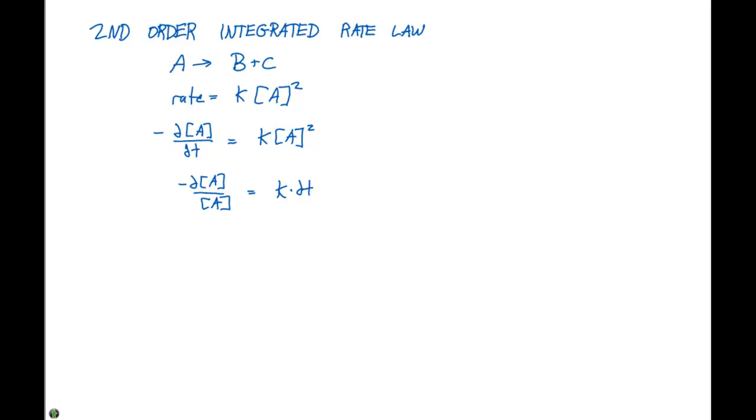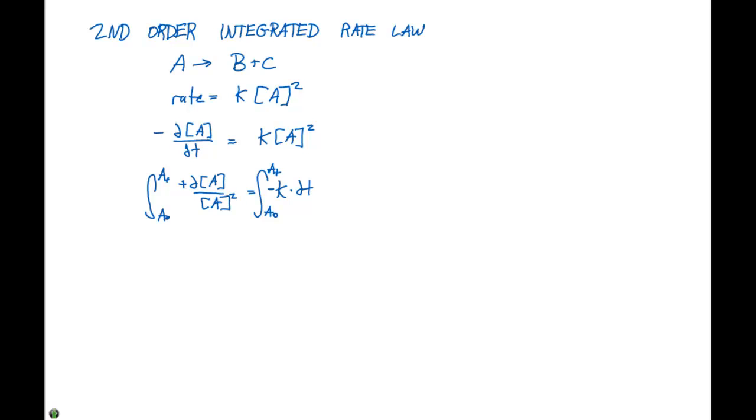If we again go through and make this positive and this negative, and then integrate from A sub 0 to A at any time t for both sides, we're going to get the following.